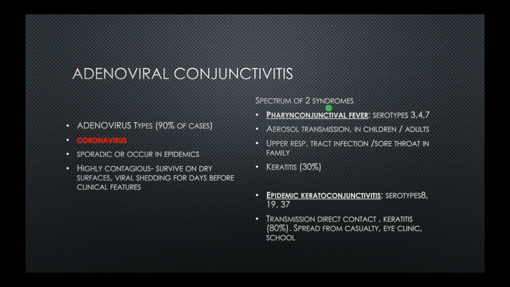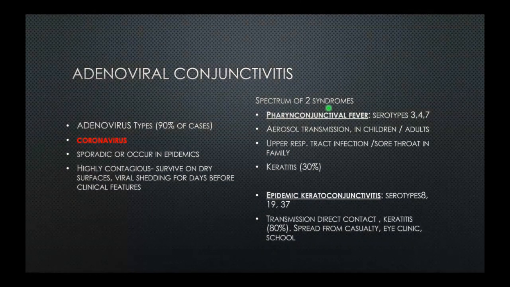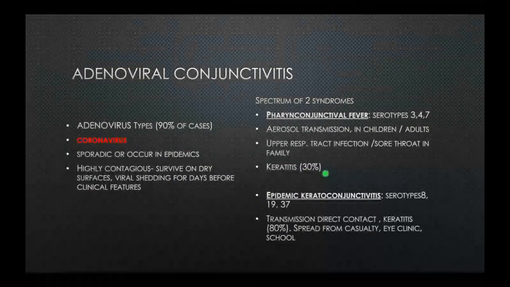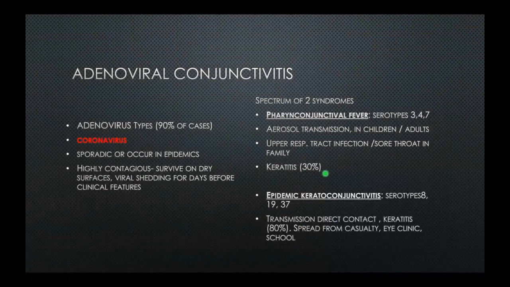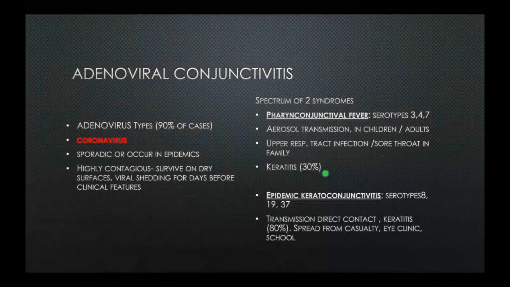The discharge will be watery. You can also see hyperemia of the conjunctiva, and in 30% of these cases, you'll actually see corneal involvement. The corneal involvement, remember, is called keratitis. So you'll see a keratitis in 30% of these cases, all right?